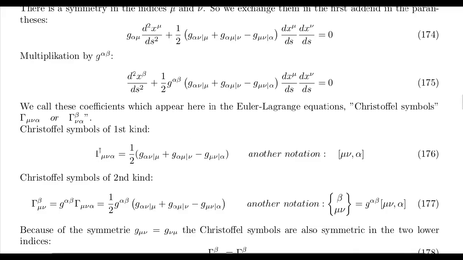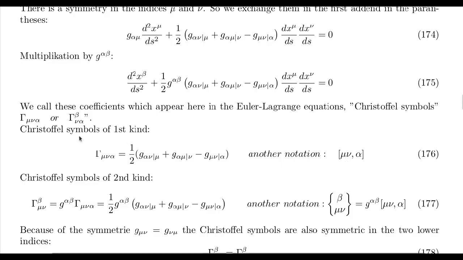We use a capital Greek gamma for the sum of the 3 metric tensors here and the factor a half. And these are called the Christoffel symbols of the first kind. Or there is another notation with brackets here. This is found in older literature, I would say.